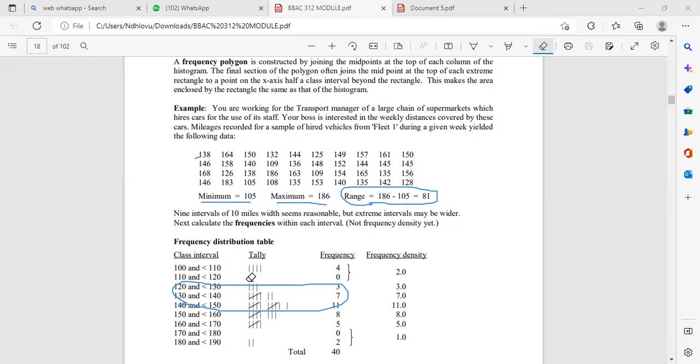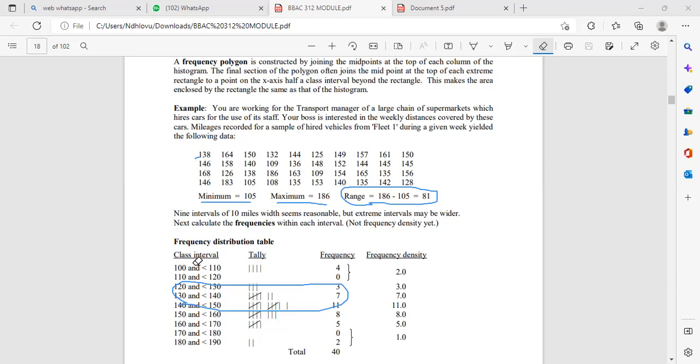Then we have the tally, and we can find how many there are. Here we count how many are between 100 and under 110 from the data set: 1, 2, 3, 4.